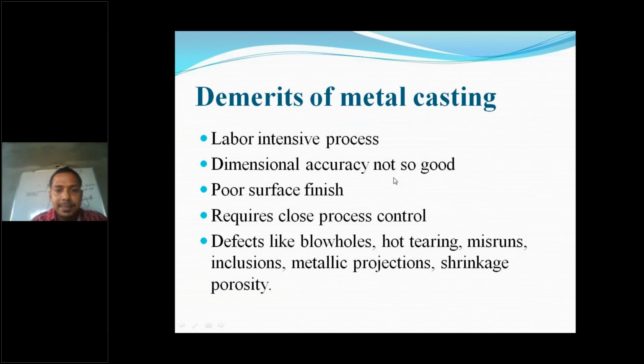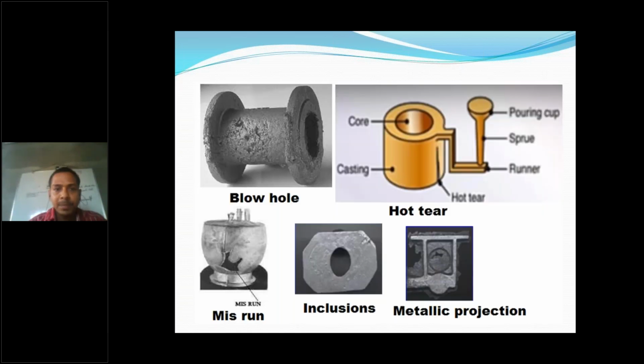And the last one is defects like blowholes, hot tearing, misrun, inclusions, metallic projections, shrinkage, porosity, etc. Except those, many other defects can also happen. These are the important defects generally developed on the cast product if we do not properly maintain the process.